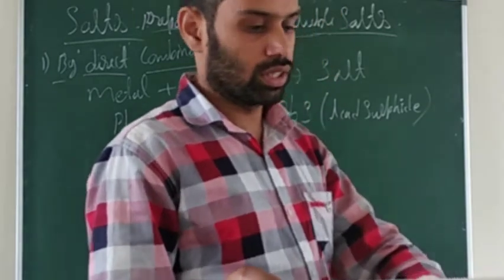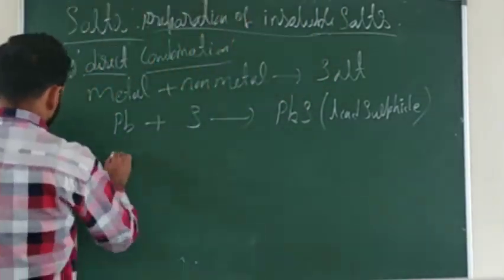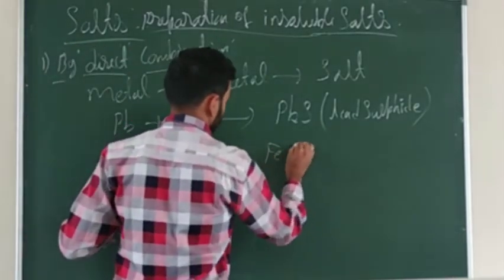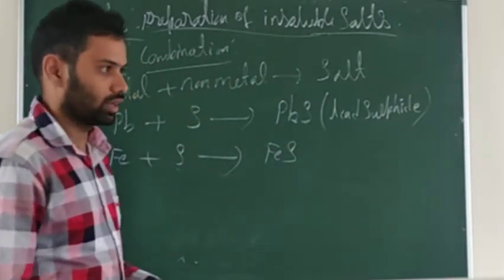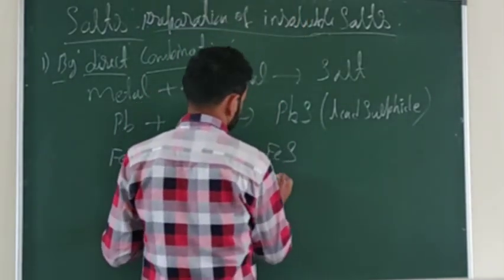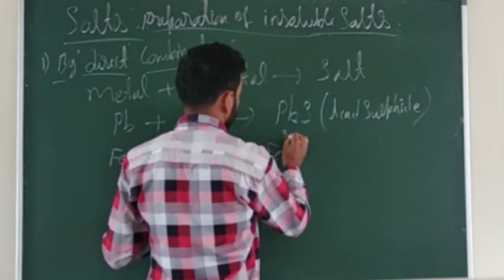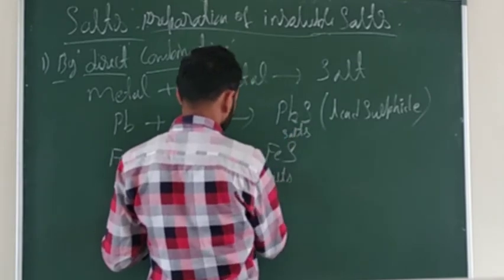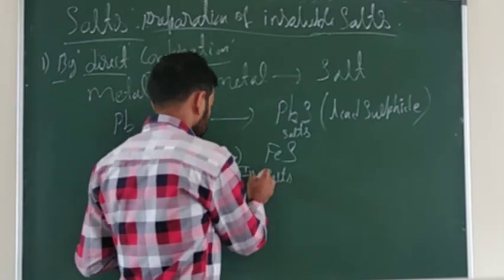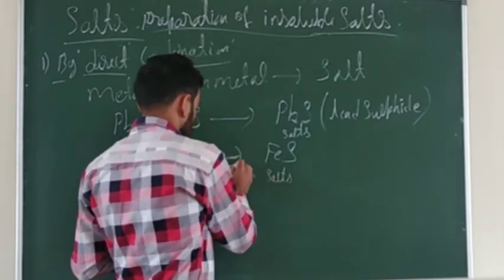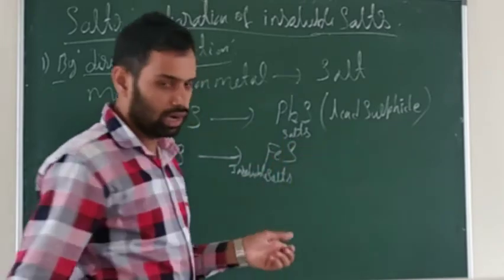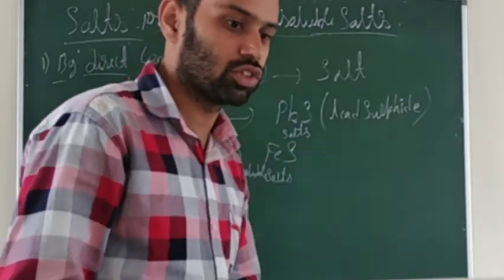Okay, so the next one more. Iron reacts with sulfur, and ferrous sulfide forms. So this is a salt. These two are insoluble salts. We are preparing the insoluble salts only.